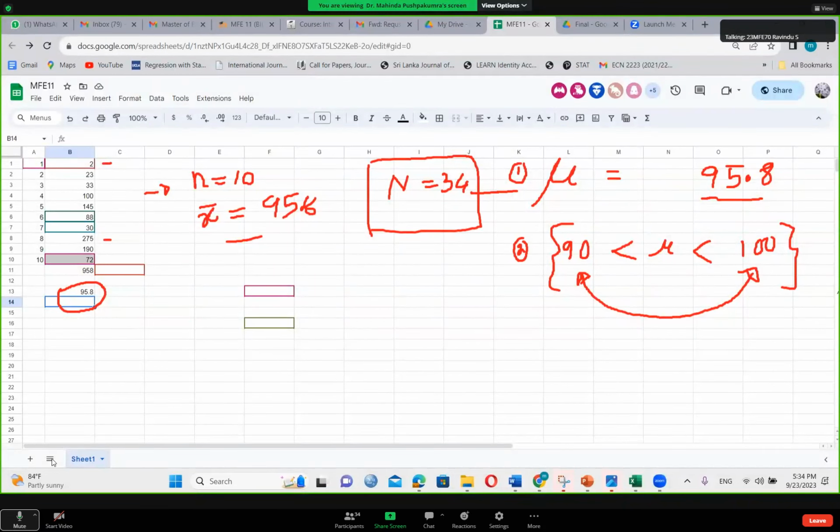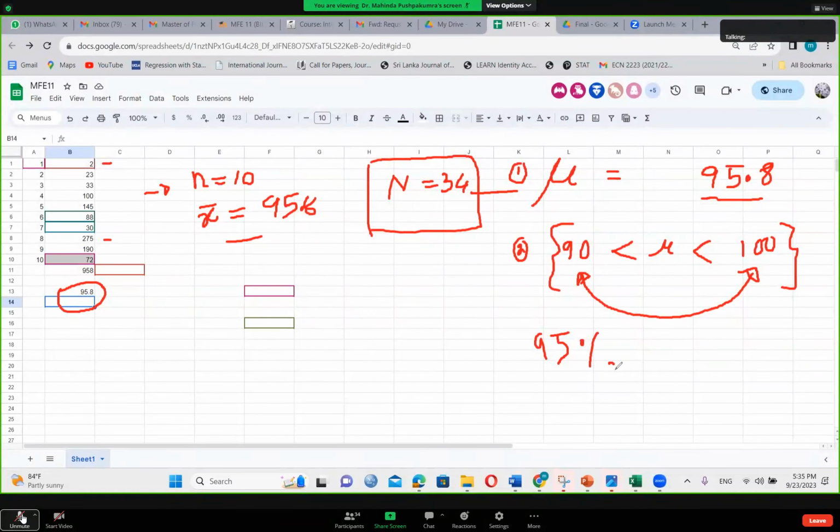Yes. Any other idea? That's correct. Yes. Any other idea? No. Then you can see I made the statement saying that I am 95% confident.